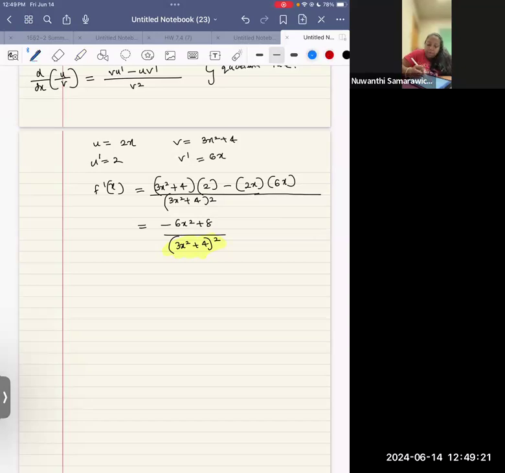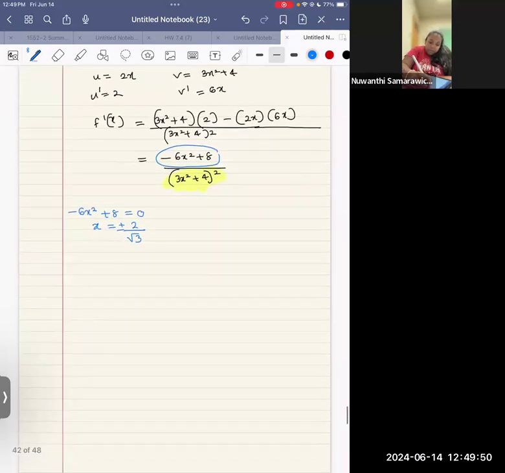The only part we need to consider is the numerator. So let's set 6x squared plus 8 to 0 and find the x value. So x you will get 2 over square root 3, plus or minus.